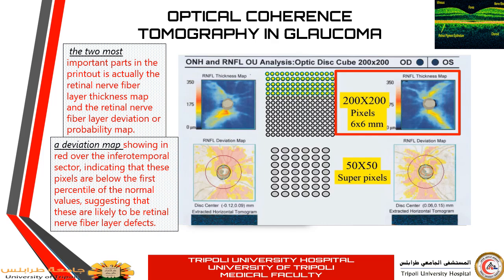Now in this raw data, every 4 A-scans are converted to 1 A-scan, so it gives you an image of 50 by 50 superpixels. Now the colors here are significant. The red color indicates that there is a deviation of more than the 1 percentile of the normative data. So this is an abnormality, and your patient has thinning of the nerve fiber layer in this area.